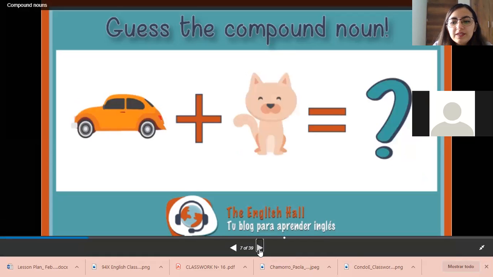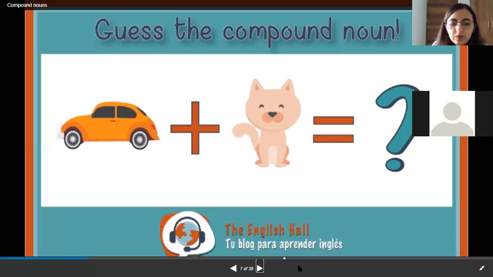Here, what do you think it's the final word? ¿Cuál será la palabra final? Tenemos dos palabras aquí. What do you think it's the final word?